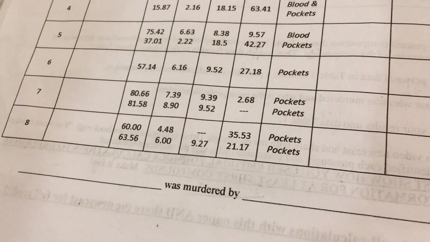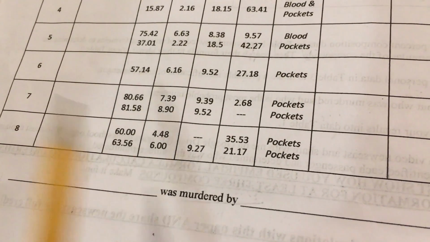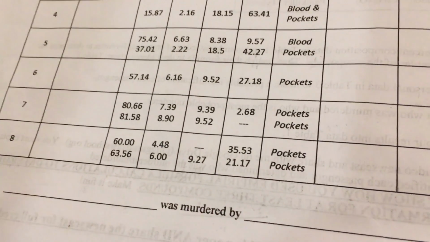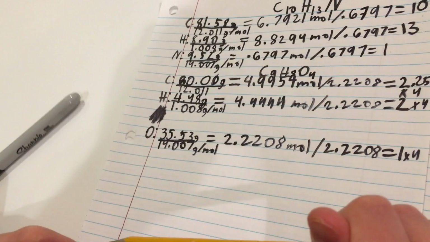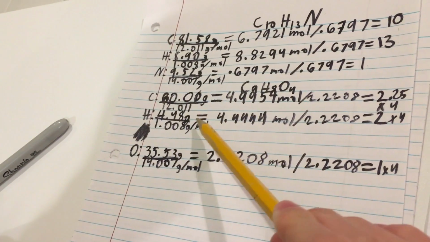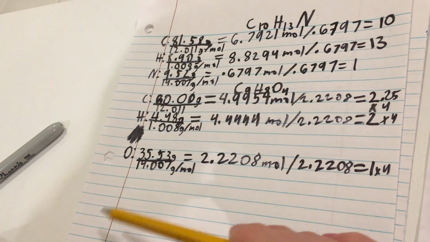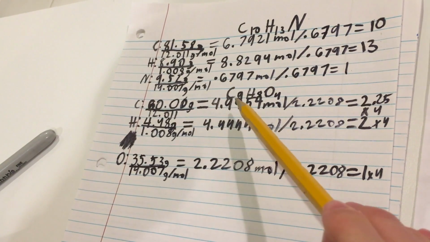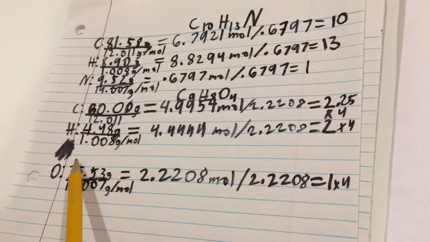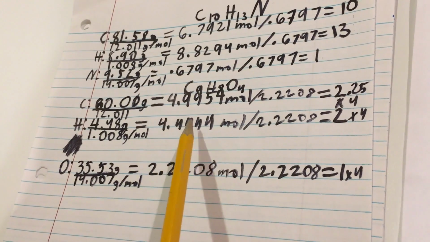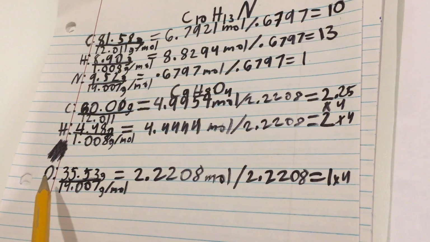Okay, so now I'm going to find out what was in the pockets of passenger 8. So again, I turned all my percents into grams, and I divided them by their molar mass. For carbon, it was 4.9954 moles, and then for hydrogen, it was 4.4444 moles.